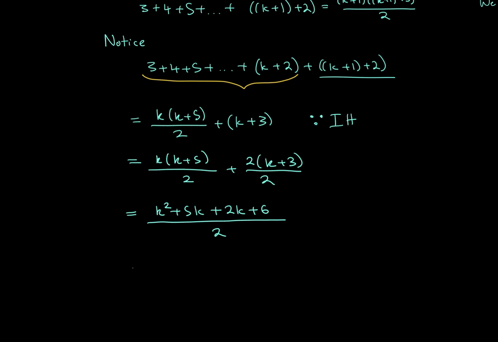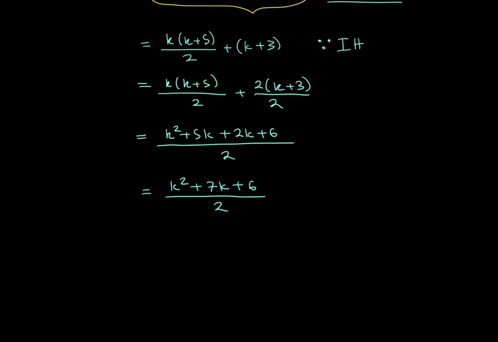That's the same thing as k squared plus 7k plus 6, all divided by 2. Oh my gosh, you guys. Through factoring, look at how crazy this is. That would be k plus 1 times k plus 6, all divided by 2. And of course, that is the same thing.